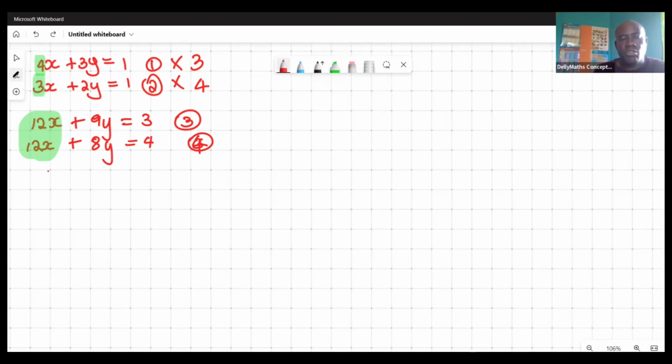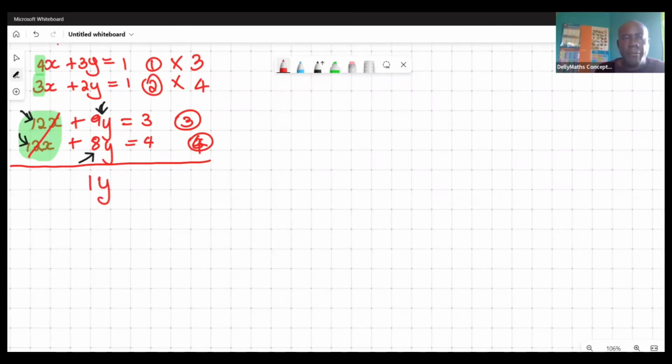Remember that whenever you're subtracting, you have to line up same terms, or what we call like terms. So basically, I'll say 12 here minus 12, that's a 0. So this part is actually gone. But if I have a 9, and then I'm going to subtract 8, then I am looking at y.